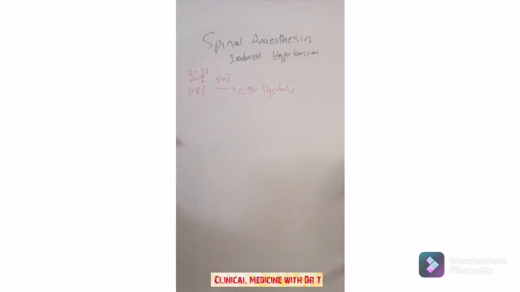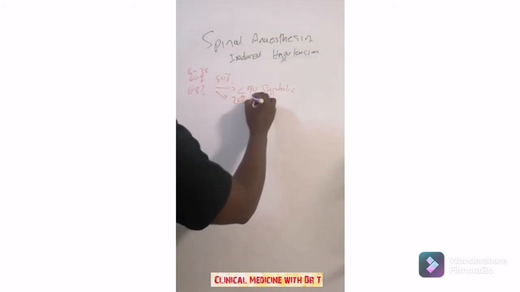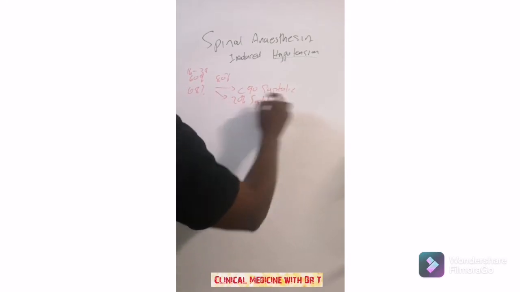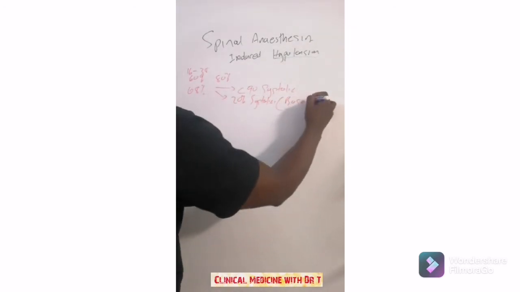But what if this patient is a hypotensive patient? Because we've got different blood pressures. For that group of people, the definition of 20% works better. The systolic blood pressure must not drop by more than 20% of the baseline.